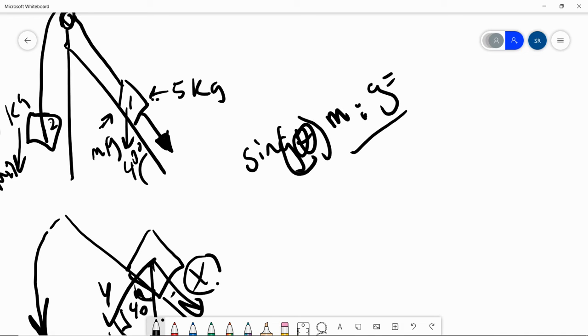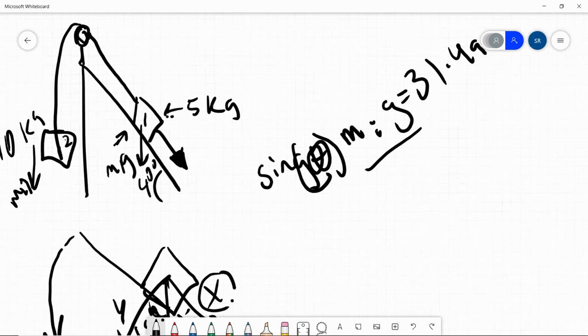Because this is what's going to be affected by gravity here. And this is going to yield an answer of 31.49.